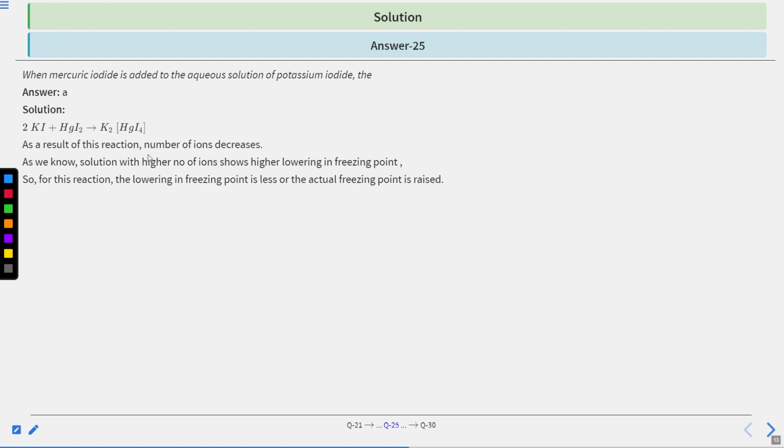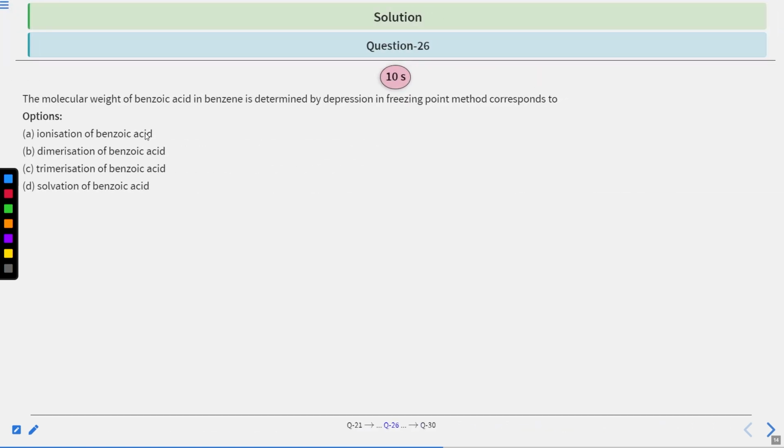Okay, let's move to question number 26. The molecular weight of benzoic acid in benzene determined by the depression in freezing point method corresponds to: ionization of benzoic acid, dimerization of benzoic acid, trimerization of benzoic acid, or solvation of benzoic acid.